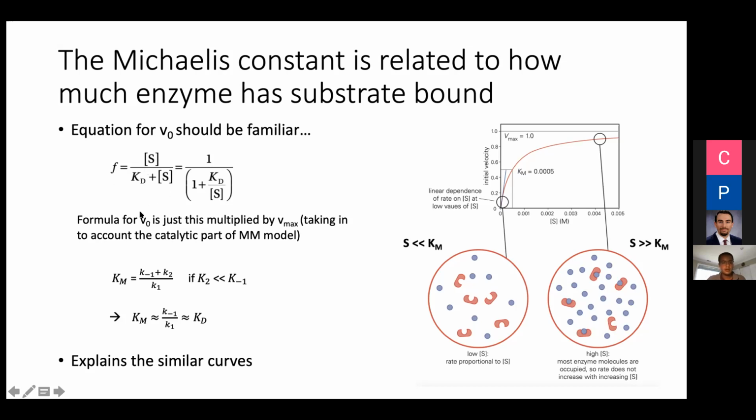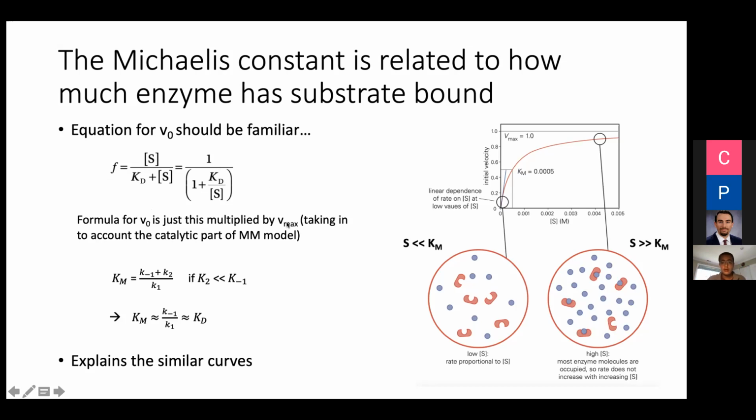And if you notice, the formula for V naught is simply this multiplied by the V max. So there's a V max in the numerator, and the KD is the Km. And this really shows why the Michaelis-Menten model is set up as a binding event followed by a catalysis event. And so the V max takes into account the catalytic part of this model.